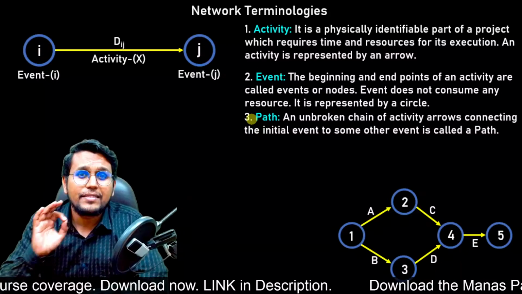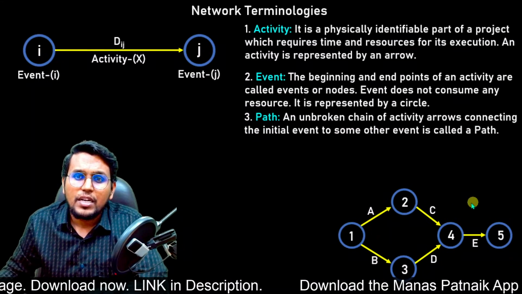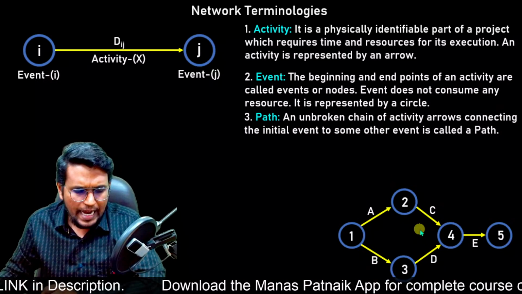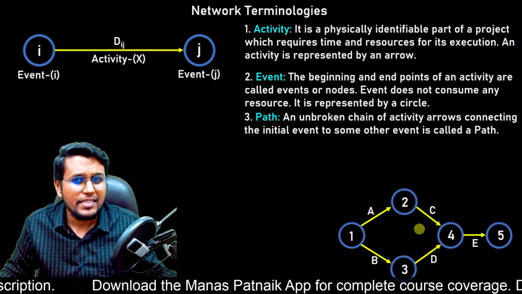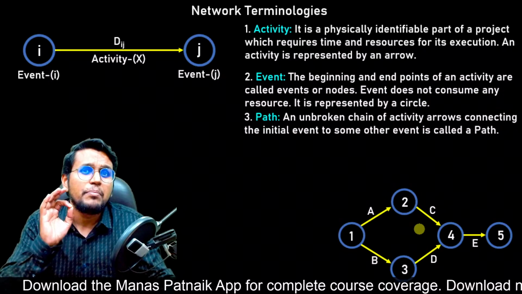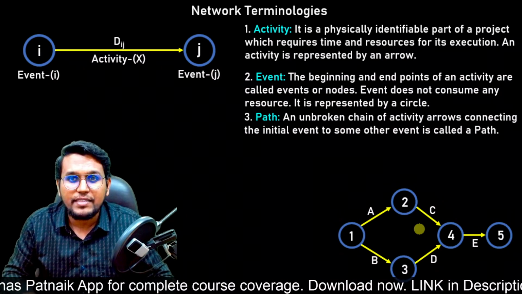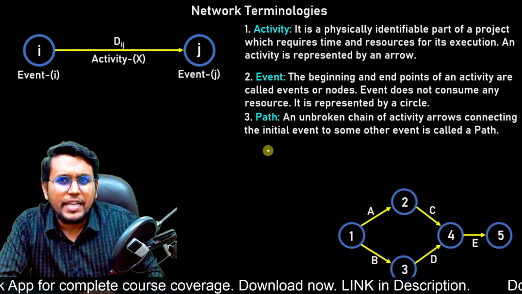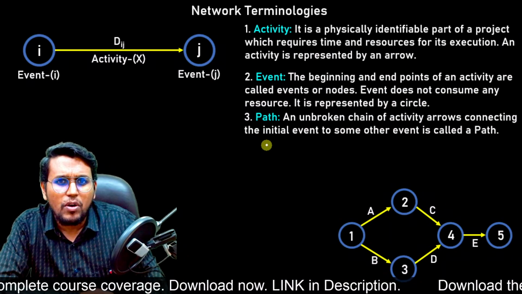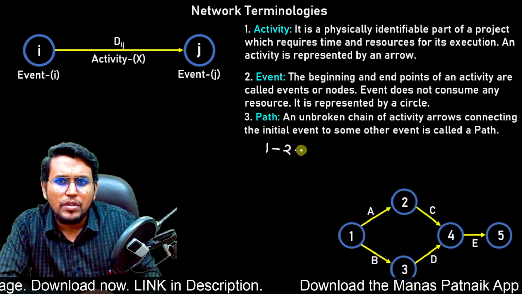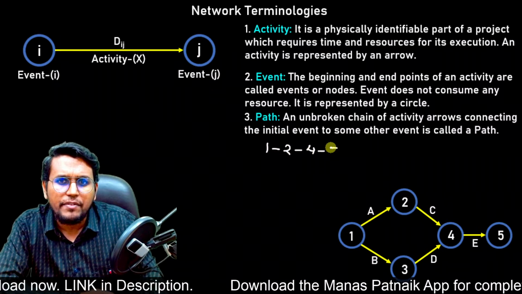Suppose I take some network like this, a project network. What can I see? I can see a number of different paths here. So let us see what paths I can see. Basically, I can see a path consisting of 1, 2, 4 and 5.